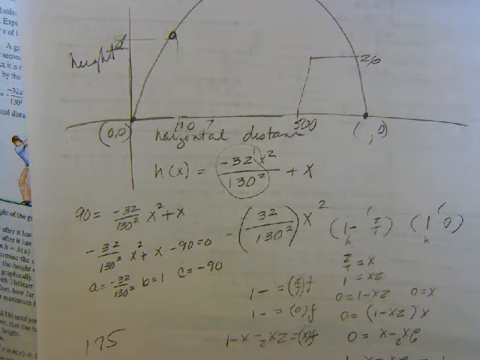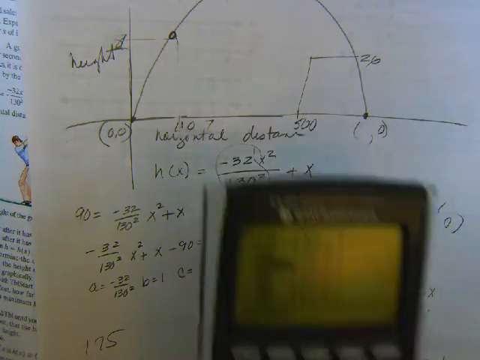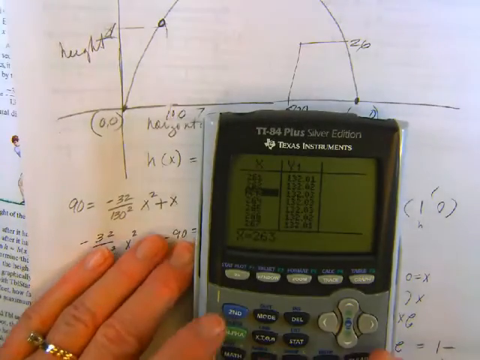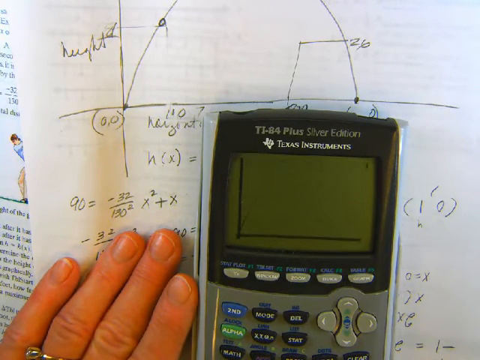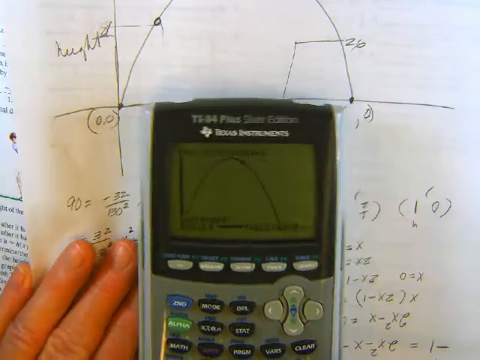So, let's go back to our function. Second calculate, and we're going to be calculating a zero. Now, I believe on this one, our left bound is going to be, I'm going to use my cursor on this one.